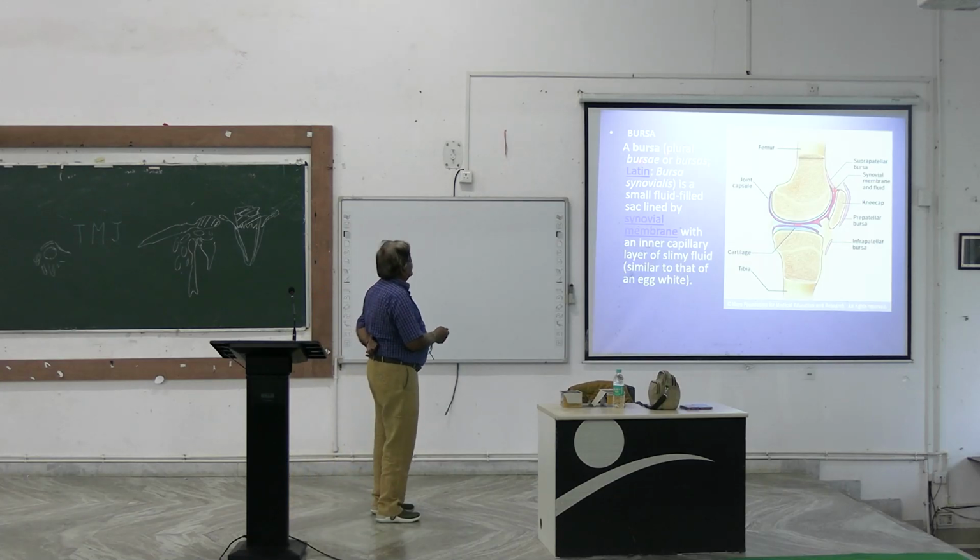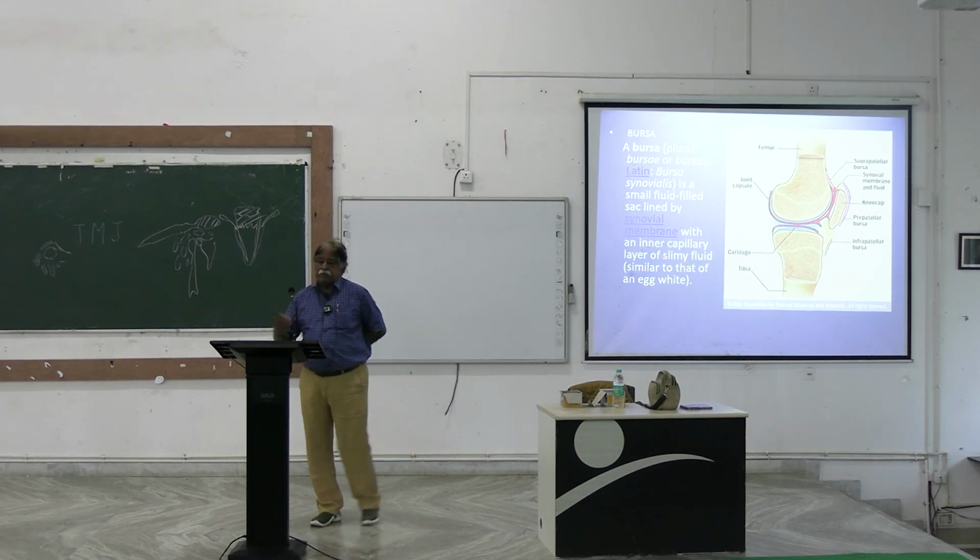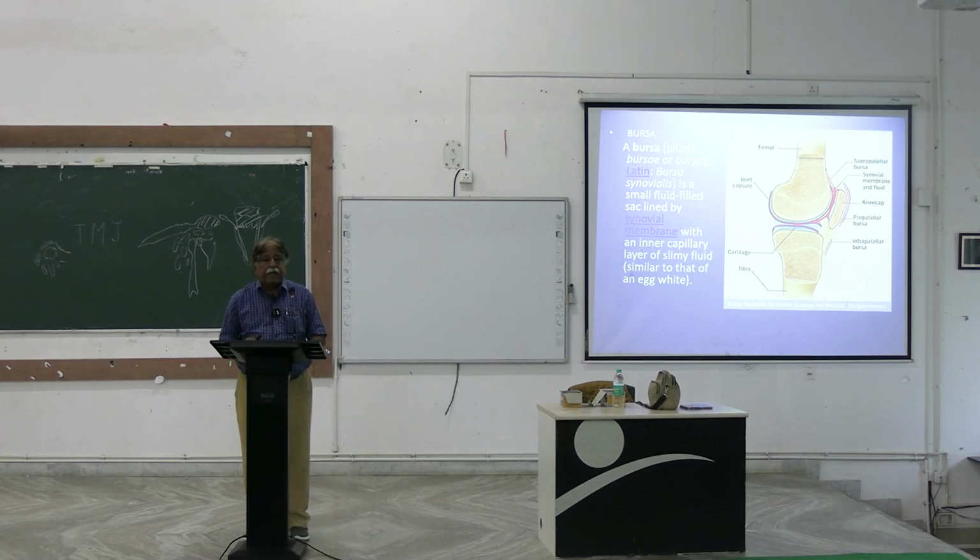Bursa. The plural is bursae or bursas. From Latin bursa synovialis, it is a small fluid-filled sac lined by synovial membrane, with an inner capillary layer of slimy fluid similar to that of an egg white. You see in dieting, what happens?